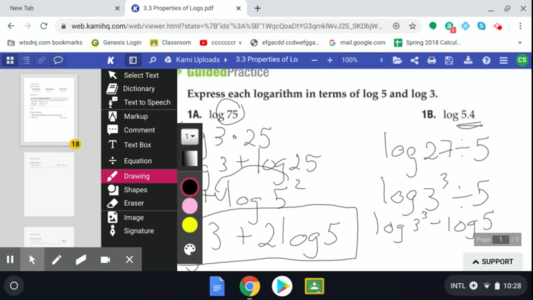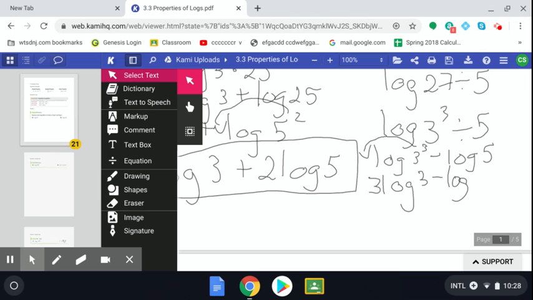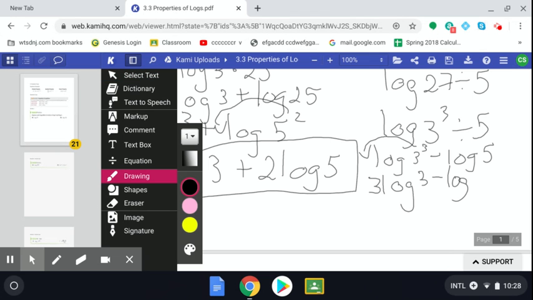And the last thing I can do is use the power property and pull that 3 in the exponent to the front of log 3. So I get 3 log 3 minus log 5. Yeah, this is getting pretty jammed here. Let me see if I can move up so you guys can see. That's better. So 3 log 3 minus log 5. And that would be my final answer.